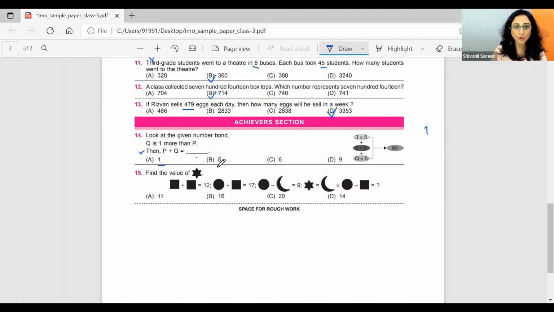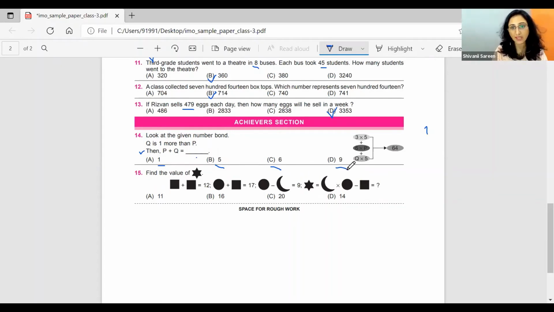Now moving on to option B, 5. Yes, it is possible because 2 and 3, there is a possibility that P is 2 and Q is 3. Option C is not possible because there are no 2 consecutive numbers which add up to make 6.